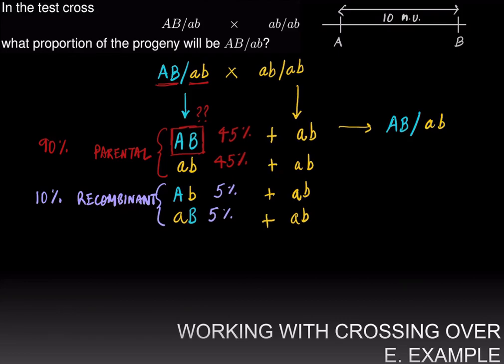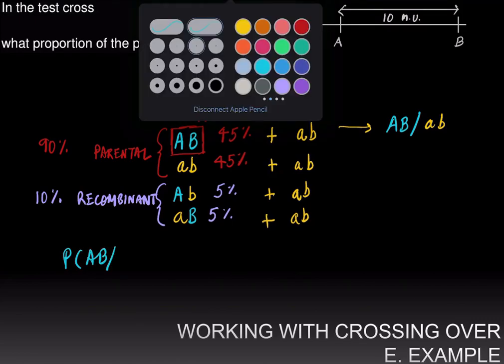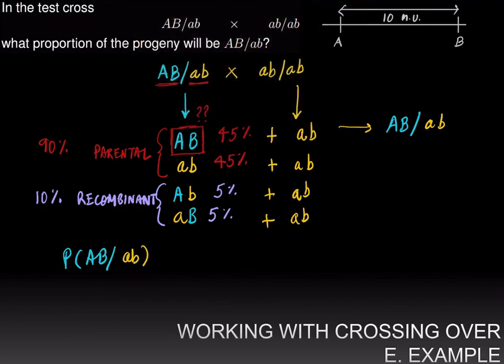Alternatively, one might say, what is the probability of having progeny of the genotype big A, big B, and little a, little b? And that is equal to, by the product rule, the probability of having an AB gamete from the dihybrid individual times the probability of having a little a, little b gamete from the tester individual.